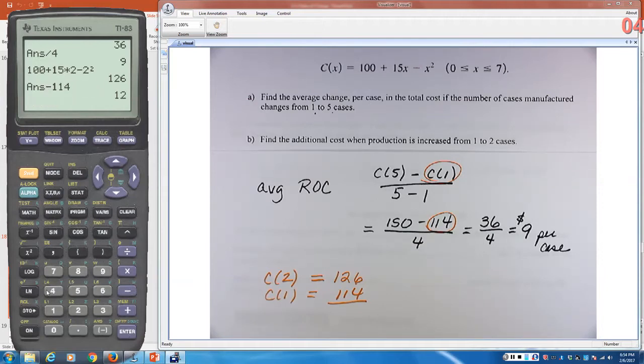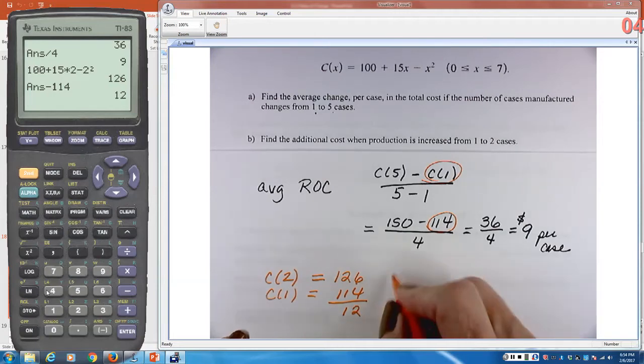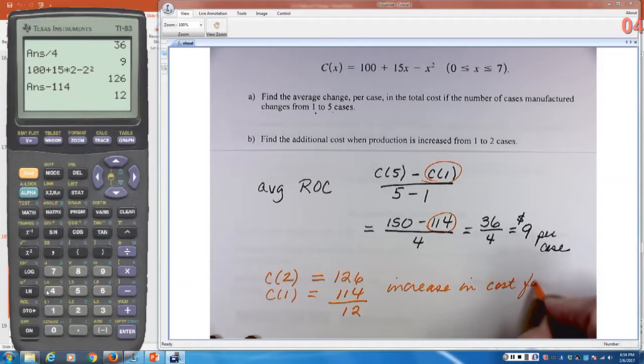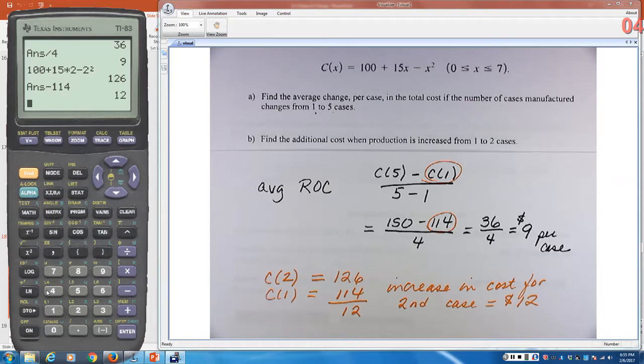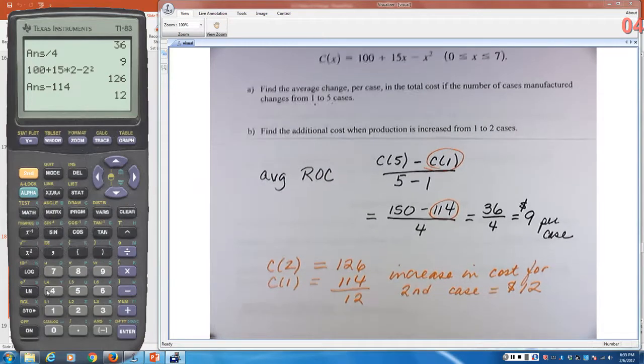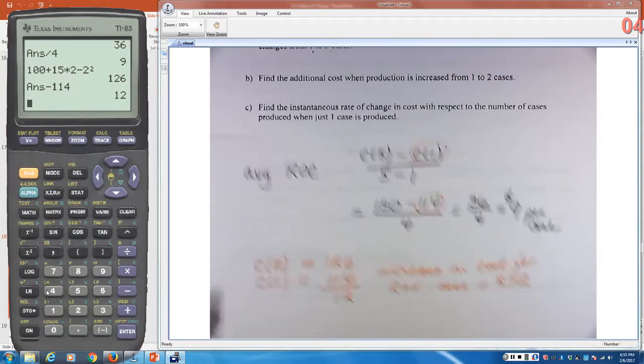So the second case cost us $12. Okay? Because that's really all it asks for. And then we'll move on to question C.